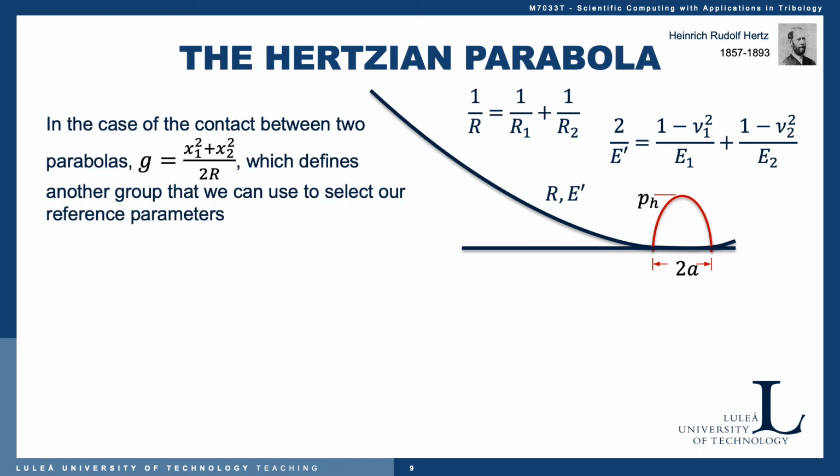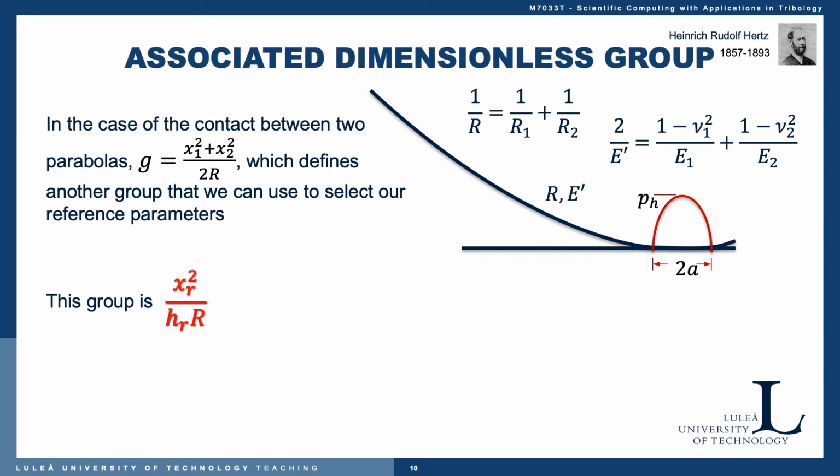One such case is the Hertzian, where we have G just composed of two contacting parabolas, and in this case this G defines another group that we can use to select our reference parameters in a clever way, so that we end up with an input parameter free contact mechanics problem. And this is exactly what Hertz did.